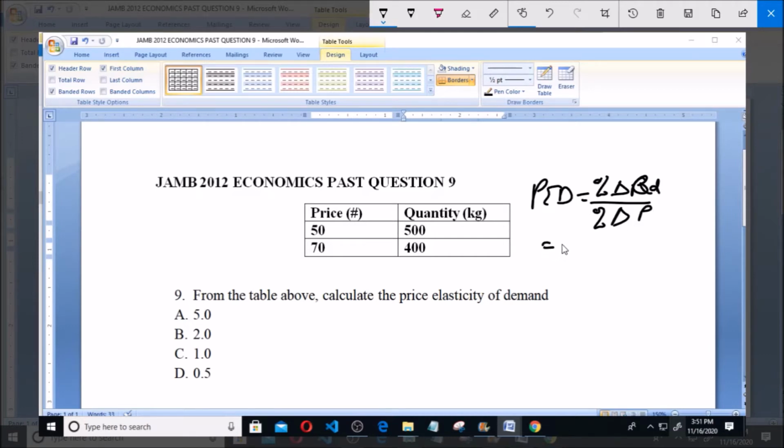Percentage change in quantity demanded is equal to 500 minus 400 over 500, which is equal to 100 over 500 times 100 over 1, which is equal to 20%.